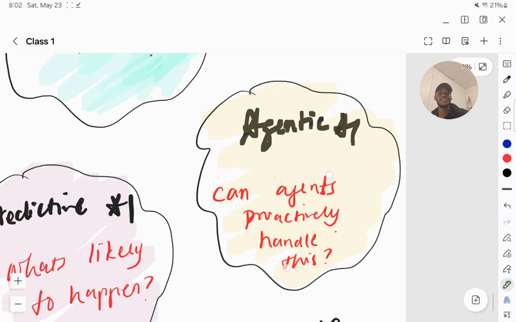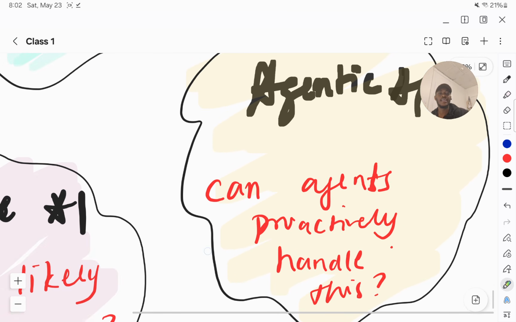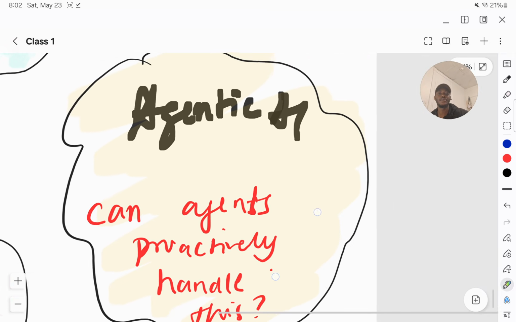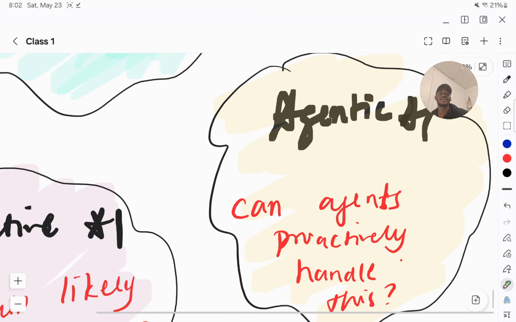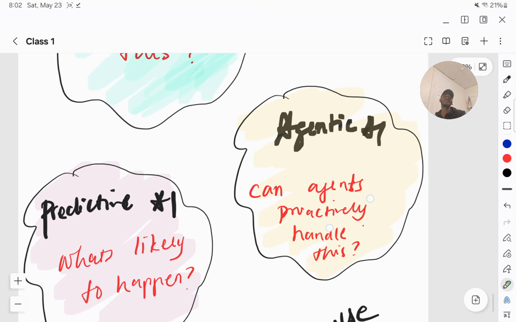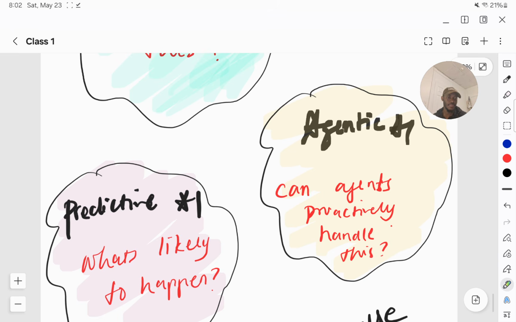And then agentic AI: can agents proactively handle a task without supervision? Can agents execute, think, and plan cybersecurity tasks by themselves and autonomously?